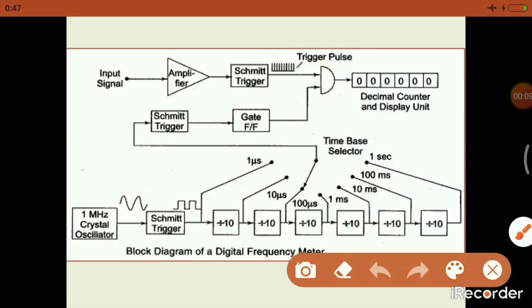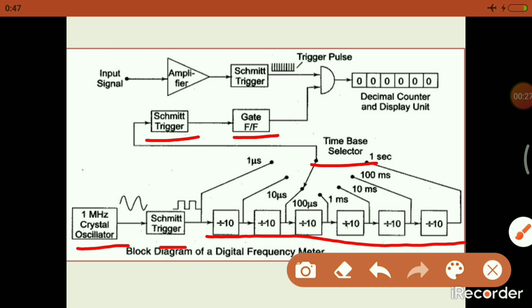The main block consists of 1 MHz crystal oscillator, Schmitt trigger, divider, time base selector, Schmitt trigger, gate flip-flop circuit, input signal of unknown frequency, amplifier, Schmitt trigger, AND gate, decimal counter and display unit.